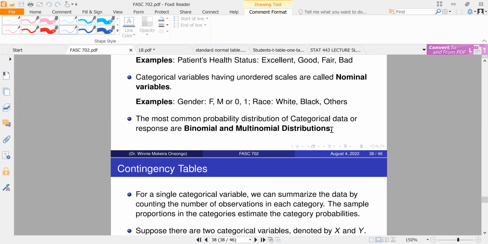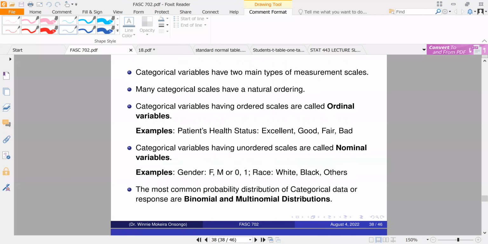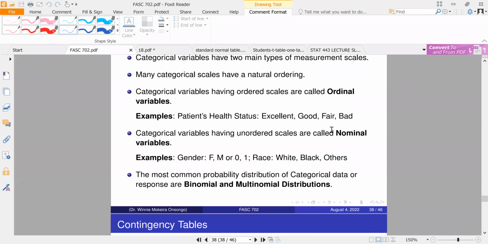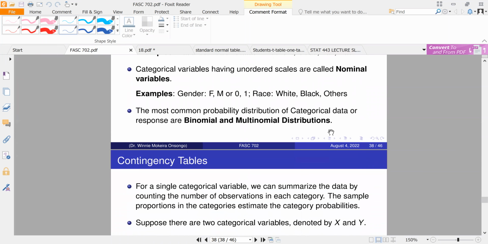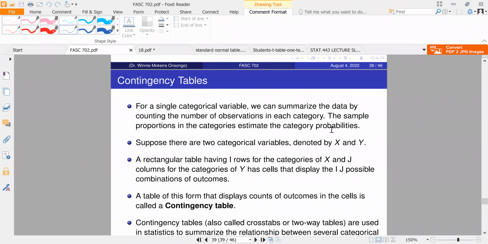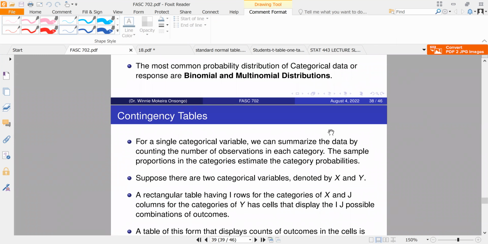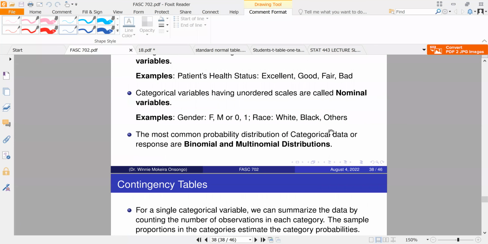Now, for us to be able to analyze that kind of data for a particular nominal variable, we will have to construct things we call contingency tables. It's easier if, for example, you have a group of people in a room and you give them a question.